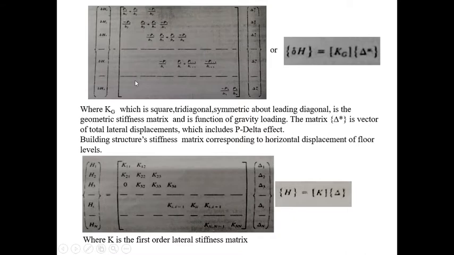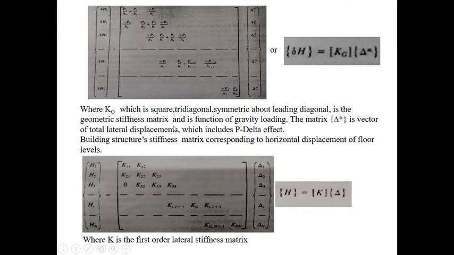All these values will be clubbed and produced in this one matrix, into this delta. This drift, the lateral displacement, will be produced as delta 1 star, delta 2 star, delta 3 star, delta I star and delta S star.